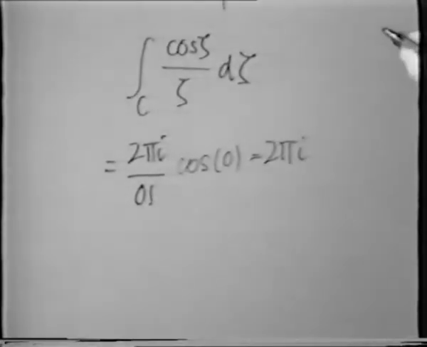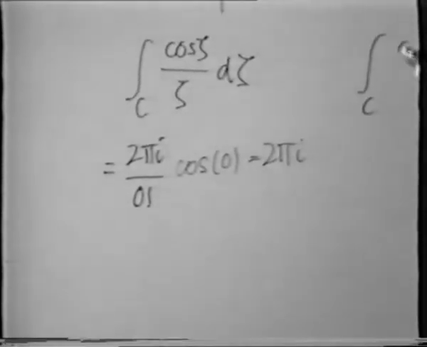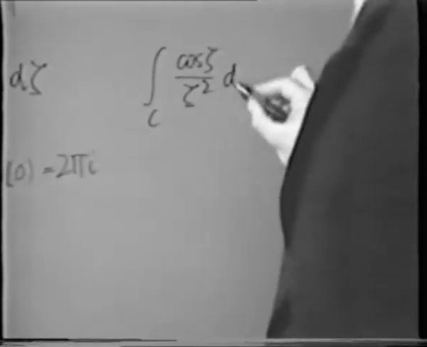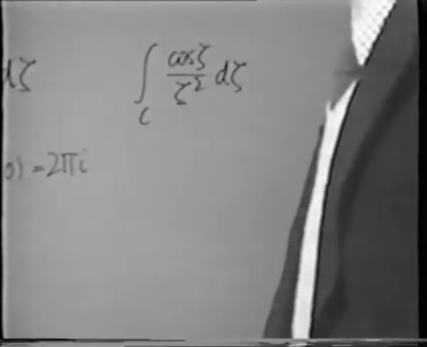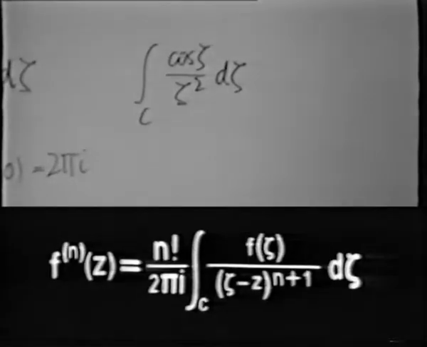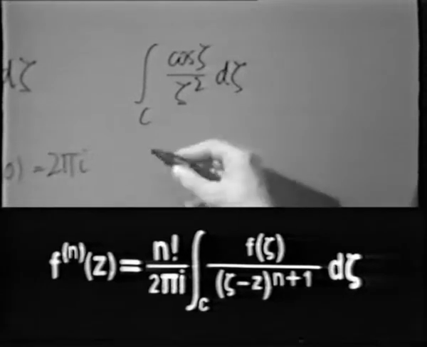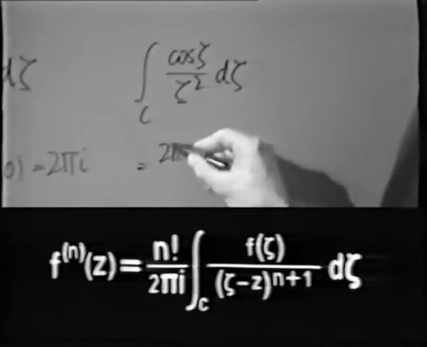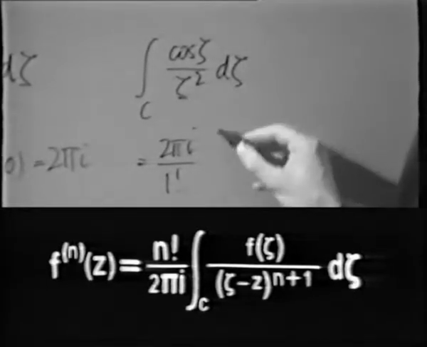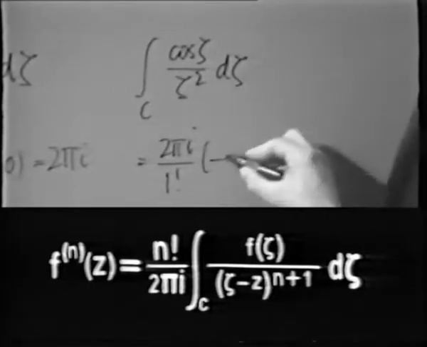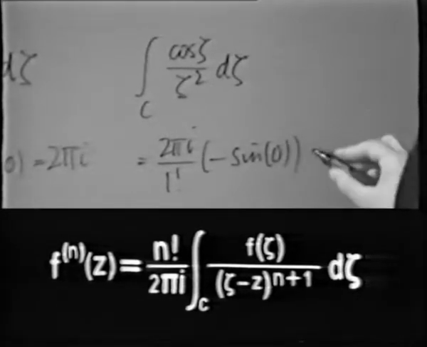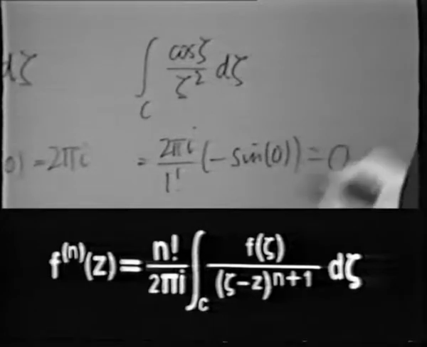Another example, the integral over C of cos zeta over zeta squared this time. z is 0 again, same function, but this time n is 1, so we'll want 2 pi i over 1 factorial times the value of the derivative of the cosine function at 0, that's minus sine 0, and so this time we have 0.